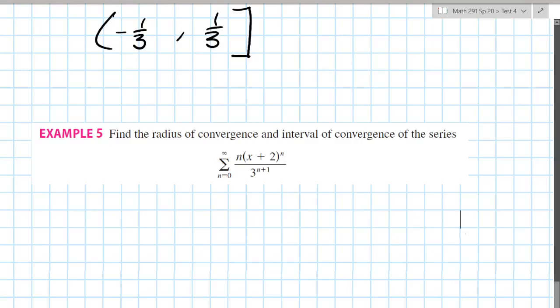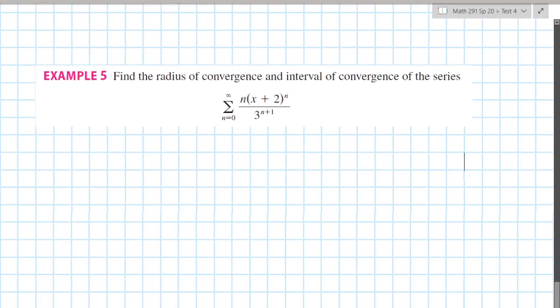Our last example from this section is same type thing. Find the radius of convergence and the interval of convergence of the series. We'll do the ratio test one more time.